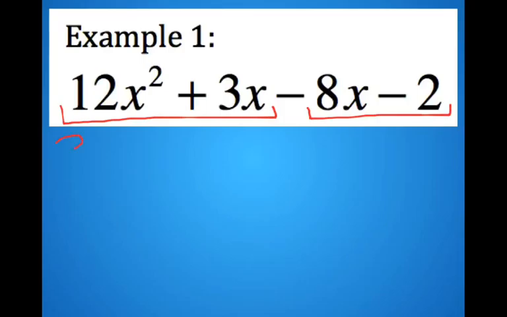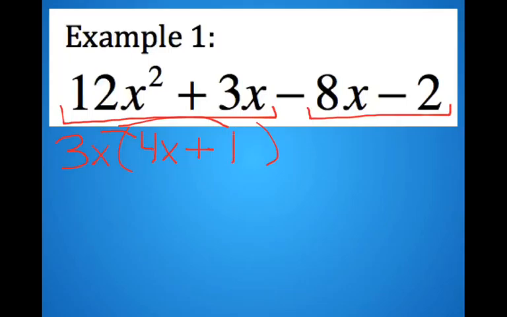They have a 3 in common, as well as an x, and then you put a little set of parentheses and you try to figure out what should I put in the parentheses so that 3x times something will give me the 12x squared. So of course that would be 4x plus, and then 3x times something has to give you 3x, so we don't really need anything but a 1 there.